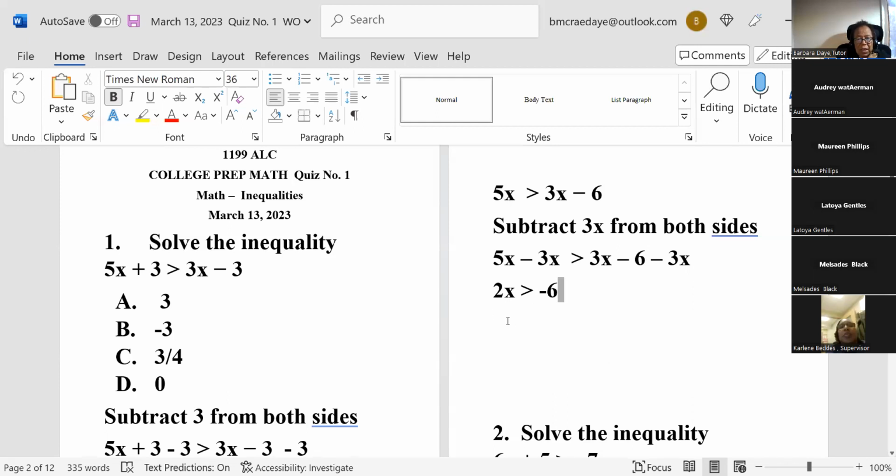Now you want to solve for x. What do you do? I'm going to divide. Yes, very good. Divide both sides by what? By 2. That's right. And if you do that, what's your answer? X equal 3. Oh, not equal, greater than.